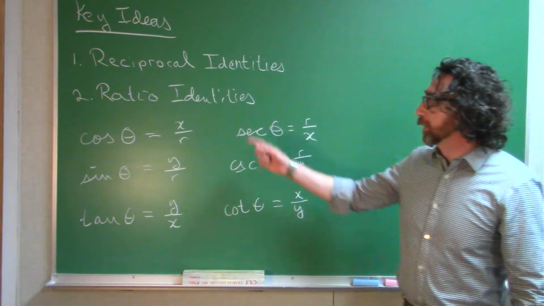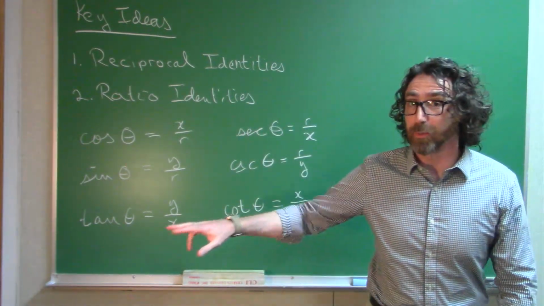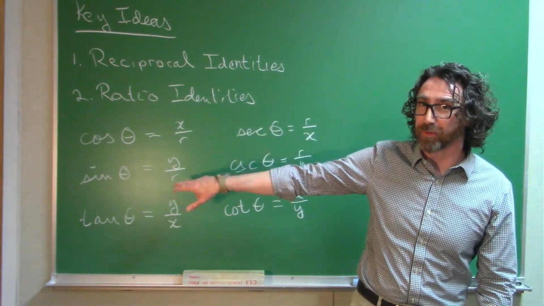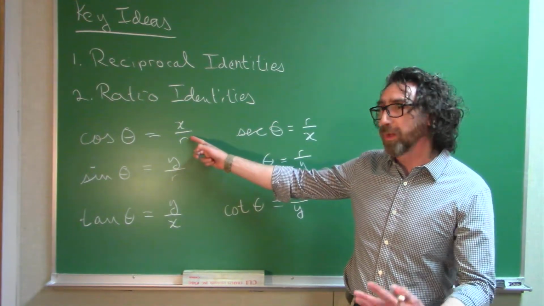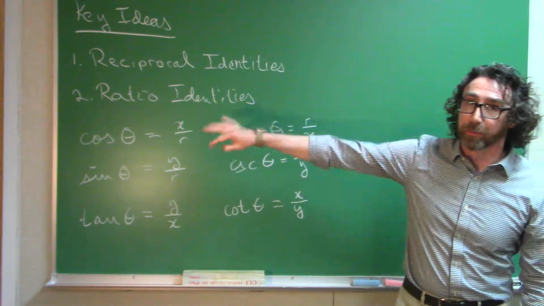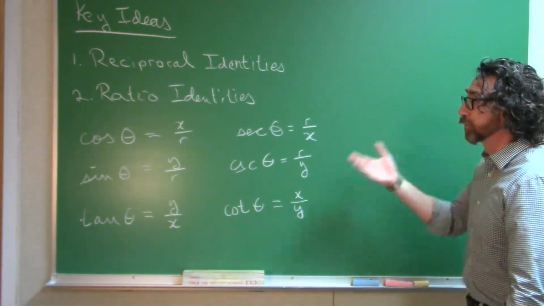Now, these reciprocal identities I've actually been using a lot when we've worked out the values of the trig functions. I just haven't really explicitly said it. The way I've usually said it is, if you know cosine, then you get secant for free. Just flip it over. The formal name for that is the reciprocal identity.